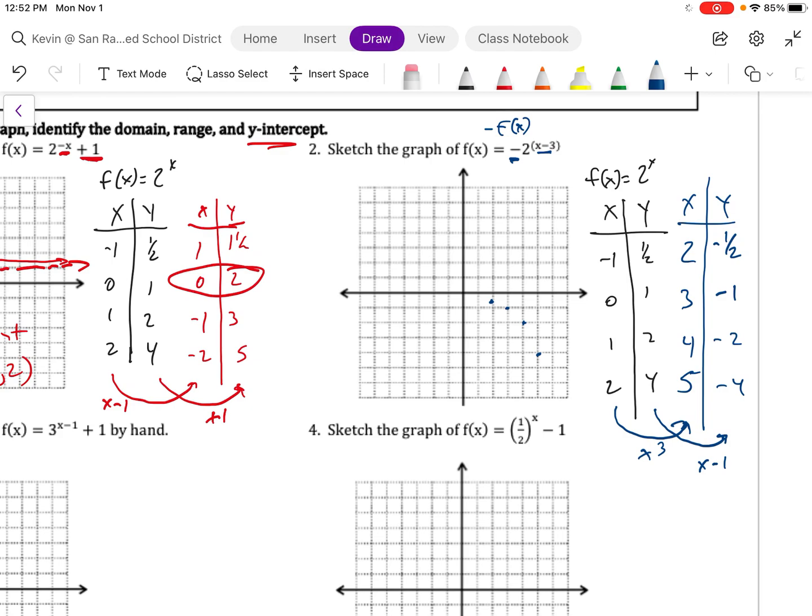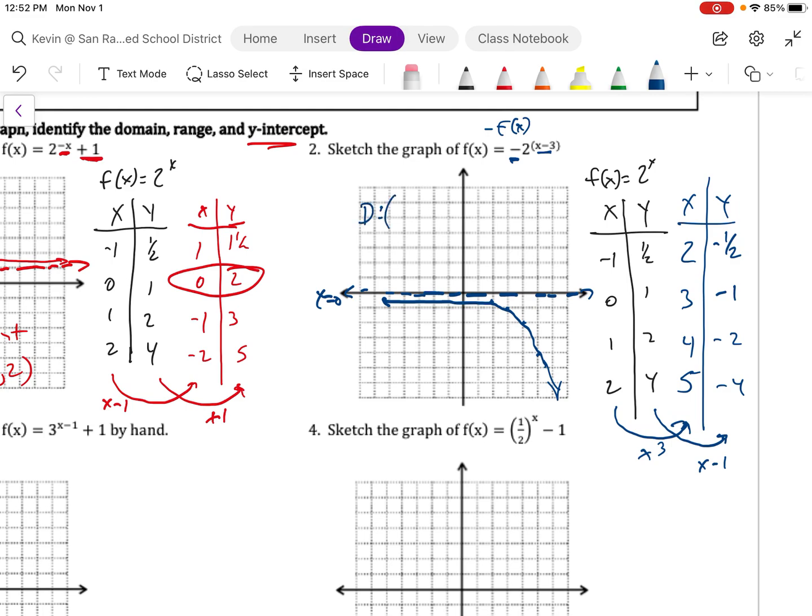My asymptote is still y equals 0, right? It didn't move, my graph didn't move up or down at all. All it did is it reflected and moved to the right 3 places. So this comes here, all my points, and on down. So again, it wants my domain.